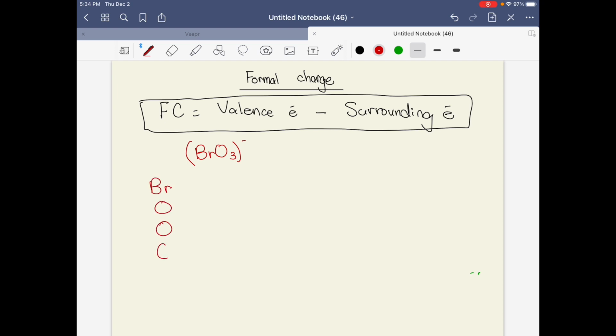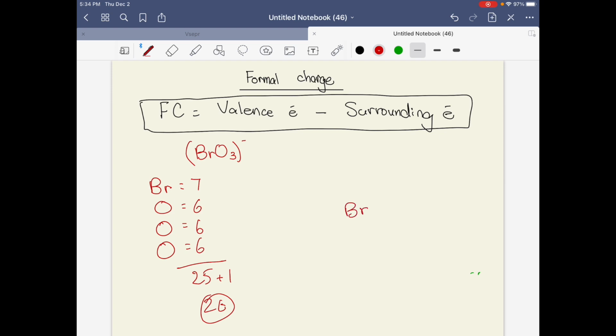Br, 3 O's. Hey, do you know that this spells bro? So 7, 6, 6, 6. Okay? And your magic number here is 25. Really? No, you're going to have to remember to add this one more. So that will be 26.